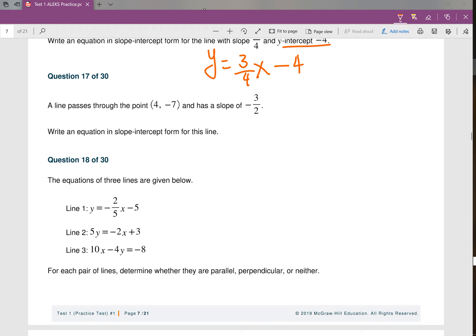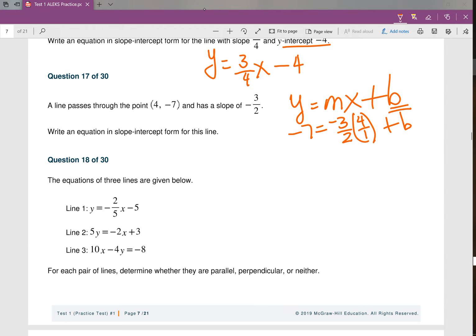Okay, and then this one gets a little bit more intricate because they're giving you a point and they're giving you a slope. So in this case, if I say y equals mx plus b, and I substitute in what I have, I just have to find b. So I end up with negative 7 is equal to negative 3 over 2 times 4 over 1 plus b.